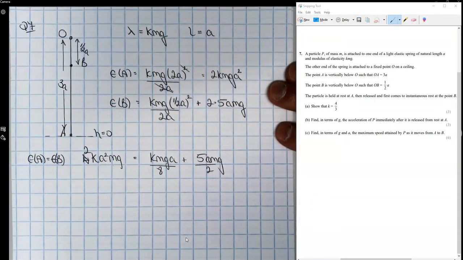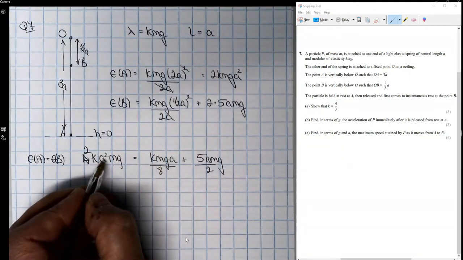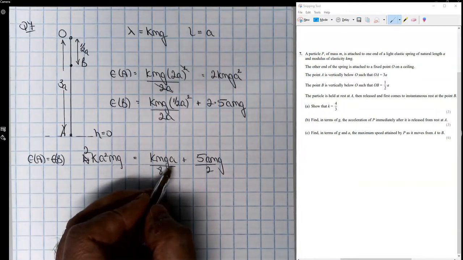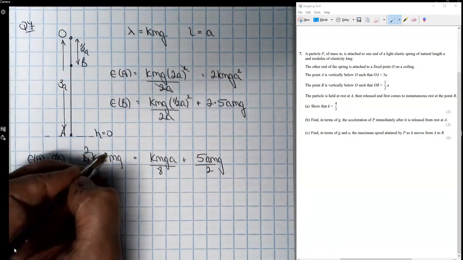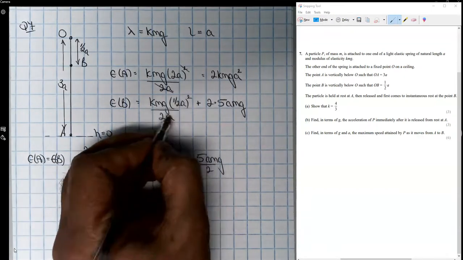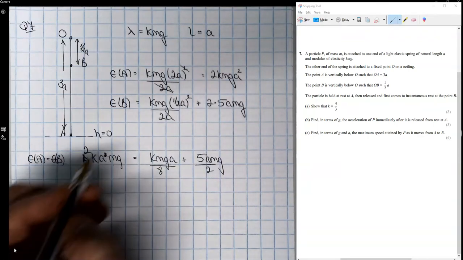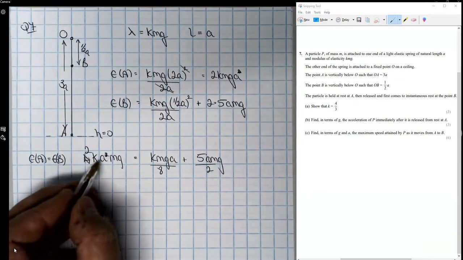Right, now made another little slip. This squared shouldn't be here, should it? Because I've got an a squared over a. Shouldn't be there. Okay, 2kamg.